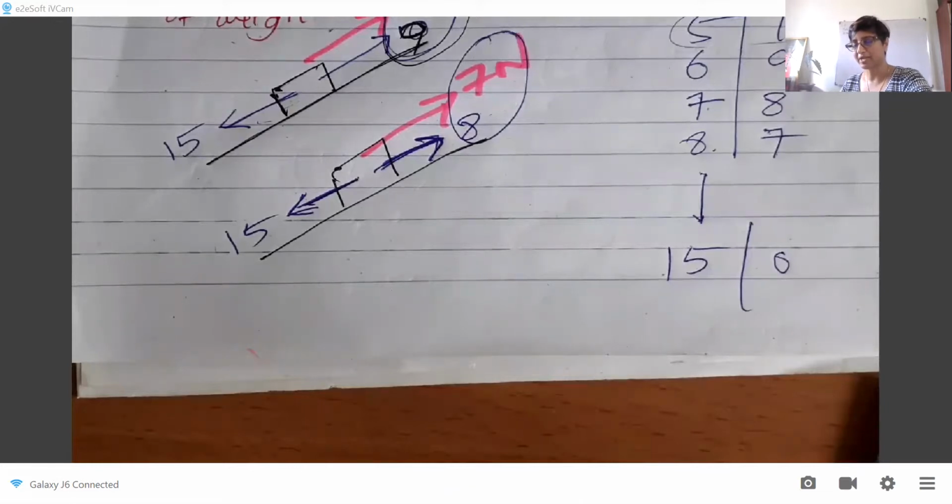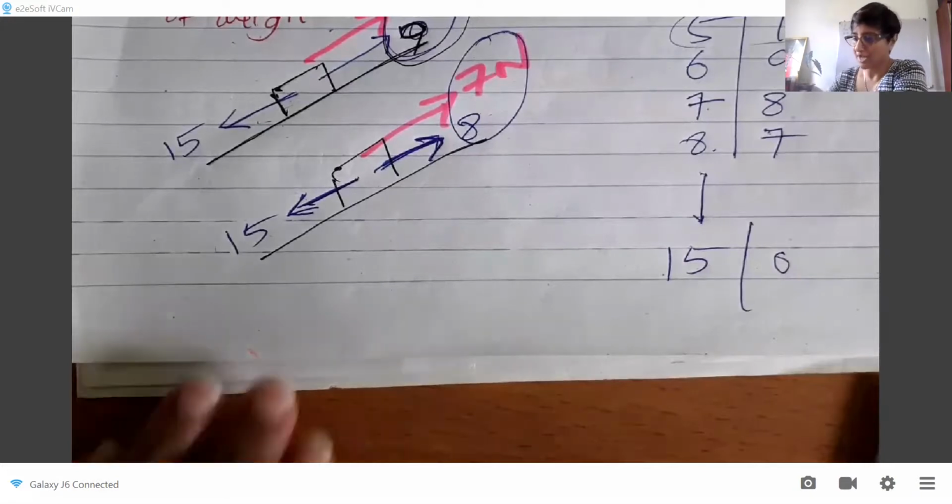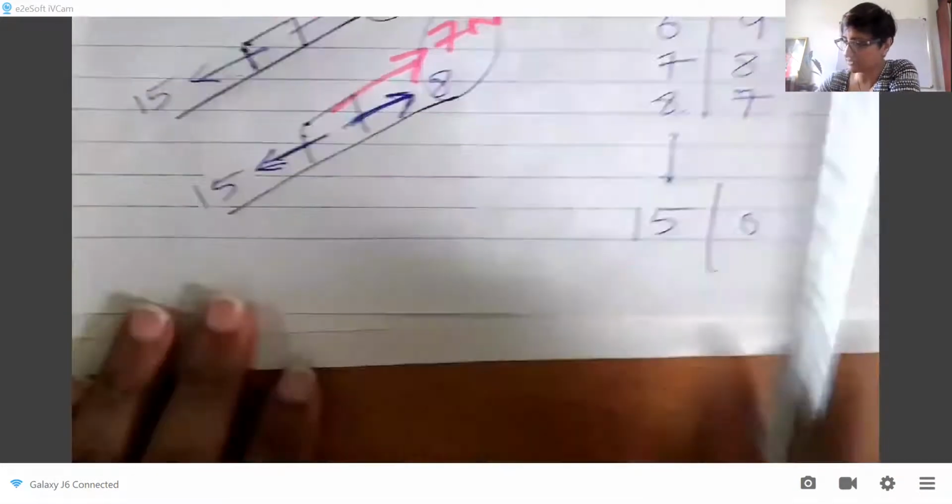Now my question is, what is the largest force I can apply on this object so that it will stay at rest? Hatvi said 15. Good answer, but it's not 15. Now let me draw that 15 scenario. Here's the 15 scenario.